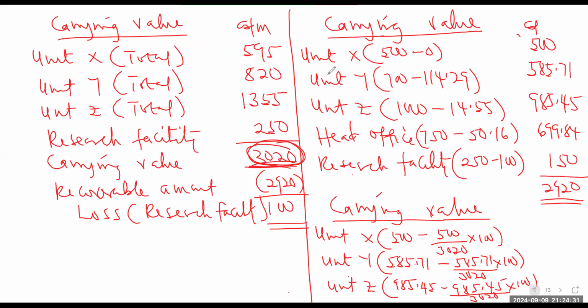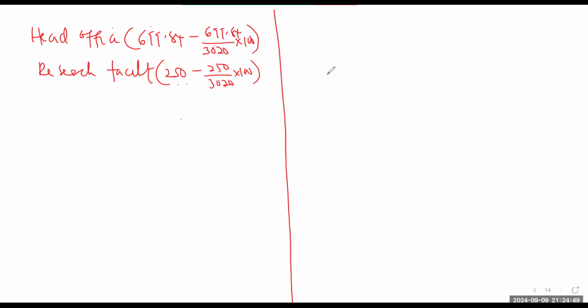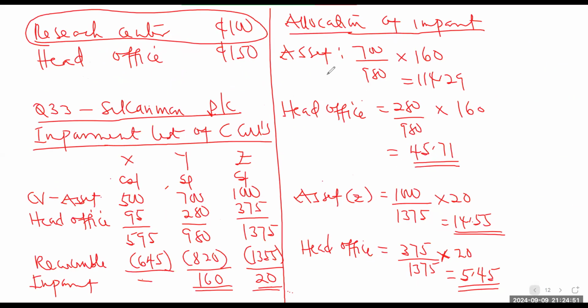I saw a hand up. Yes, sir. I was just looking at the head office under the current amount on this same screen, the right side. When we have 700 minus 50.16, I think the 50.16 should have been 51.16. Oh, really? Yes, very true. It should have been 51.16. Okay, so 45.71 plus 5.45.